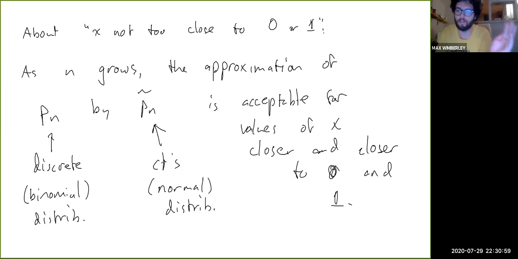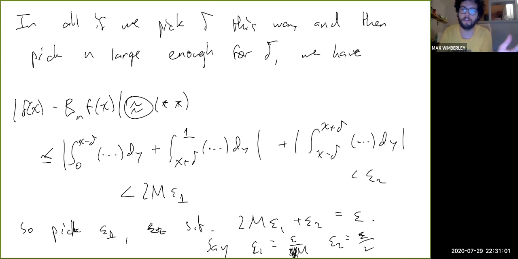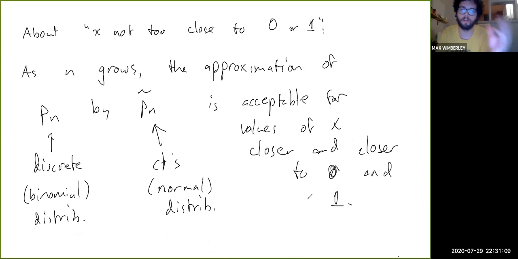So you can also pick n large enough that this approximation works for almost all the values of x in the interval. And if you want to deal with the values of x right near the endpoints, you can deal with those separately by invoking something about continuity, or who knows? There are other ways of dealing with it, but that's another technicality.